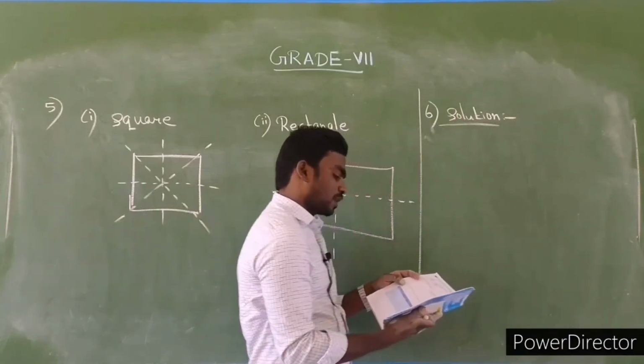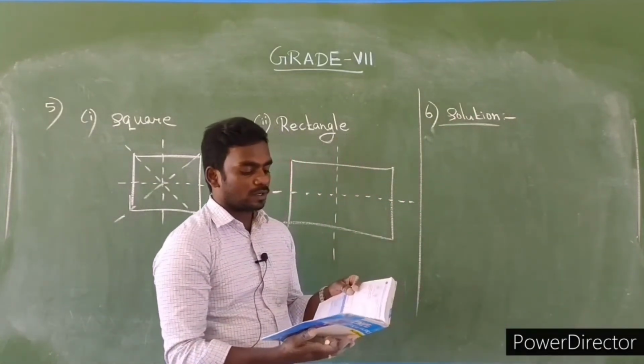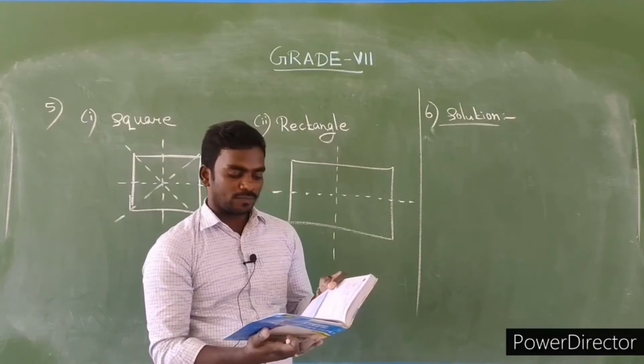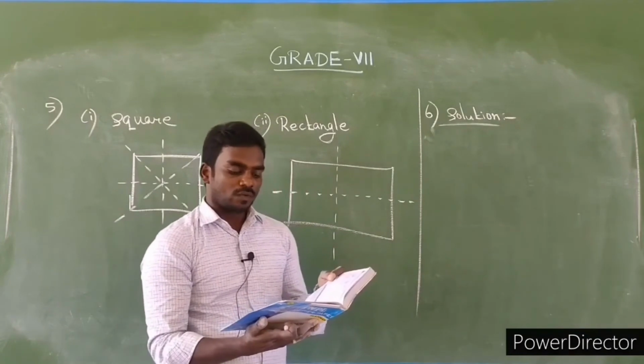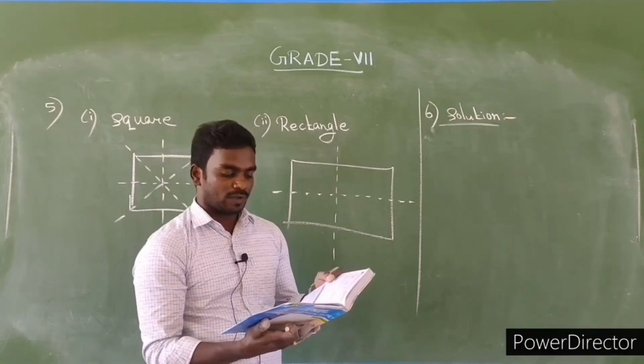So our question is: after rotating by 60 degrees about a center, the figure looks exactly the same as its original position. At what other angles will it happen for the figure?